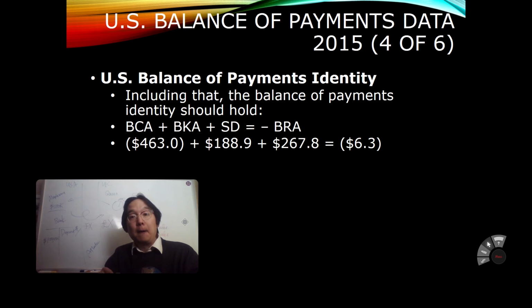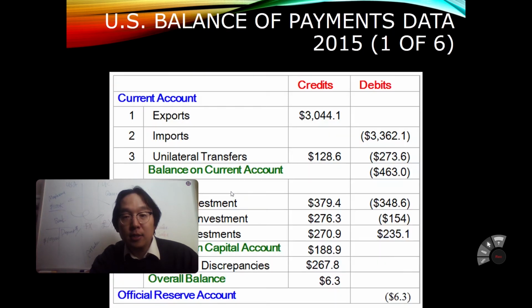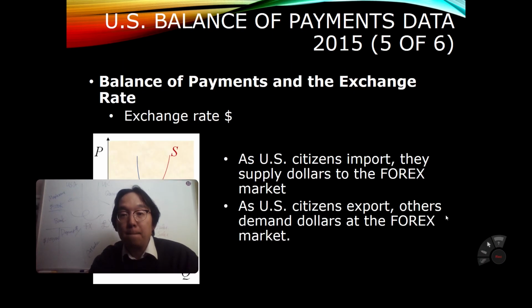So negative 463 plus 188.9 plus 267.8 should be equal to negative 6.3 billion US dollars. So that's what we observe over here, negative 6.3 billion US dollars.